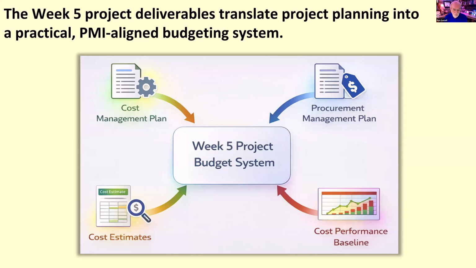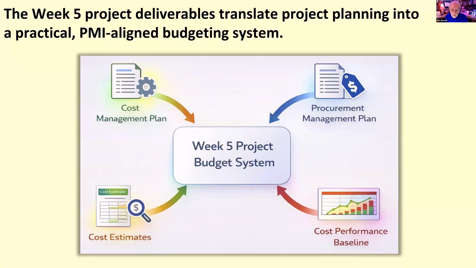The cost management plan defines how costs will be managed. It establishes the project approach to estimating, budgeting, monitoring, and cost control. And in that sense, it provides the governance logic behind the rest of the financial artifacts. The procurement management plan adds an important dimension by addressing how externally sourced goods and services will be handled. And this is important because procurement decisions often affect both cost and delivery conditions, including timing, contract structure, and risk exposure.